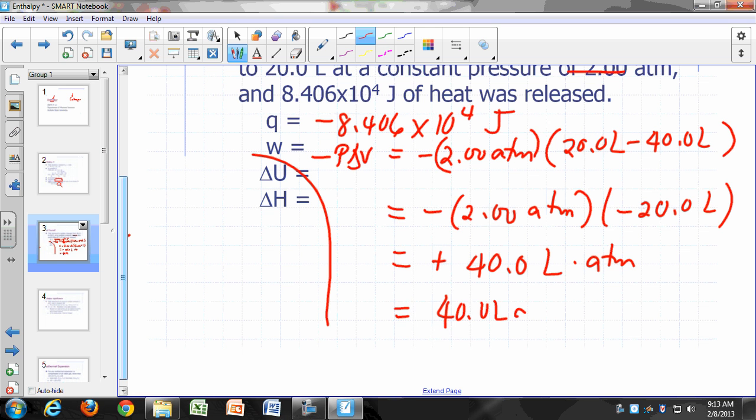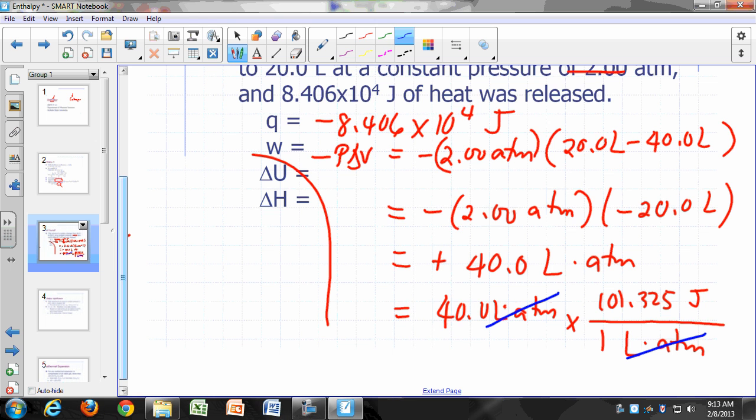How much is that in joules? A liter atmosphere is how much? 101.325 joules. So liter atmosphere cancels out.